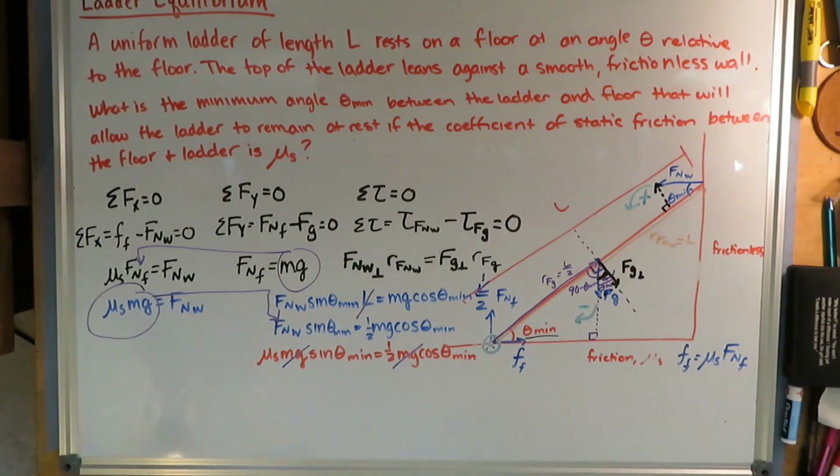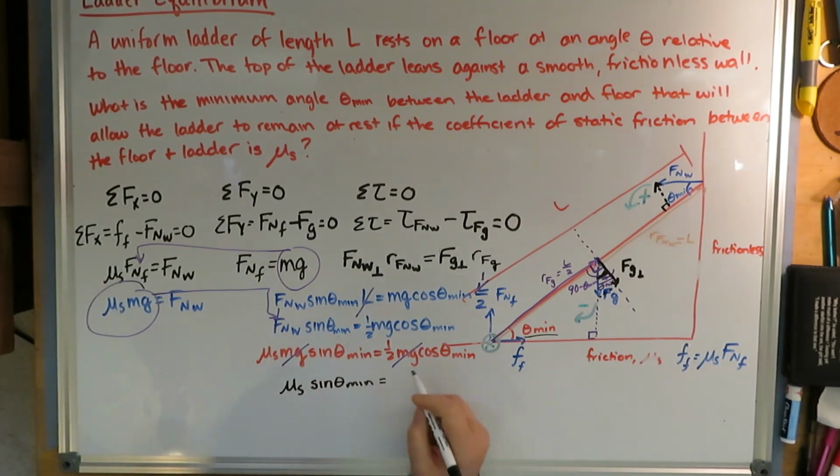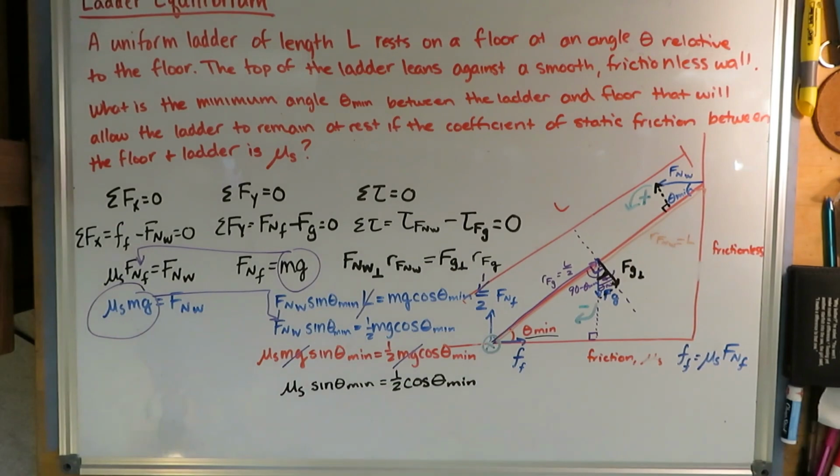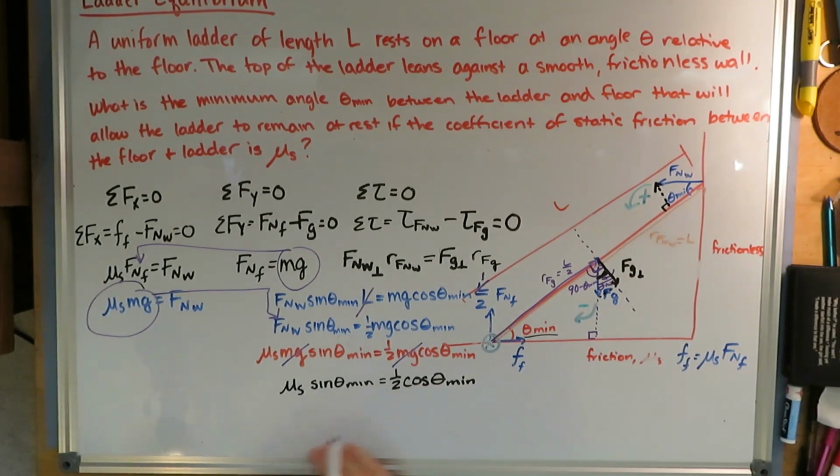So if I simplify, I get mu s sine of theta min is equal to 1/2 of cosine of theta min. So if I'm going to group like terms, I'm going to need to get the theta min together. The best way to do that is generally to divide both sides by something similar, so you get a tangent.